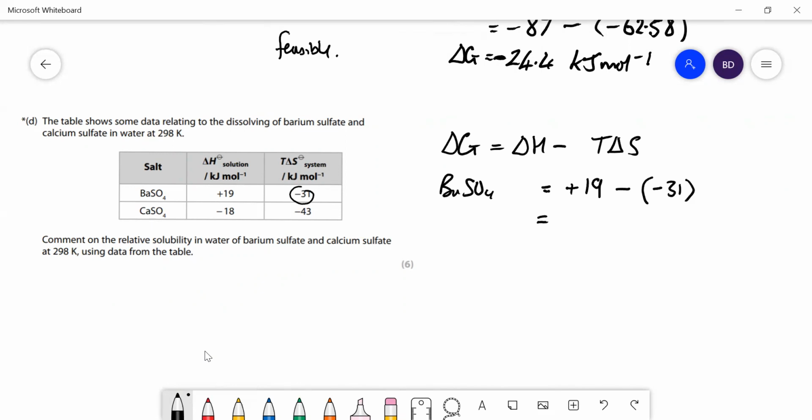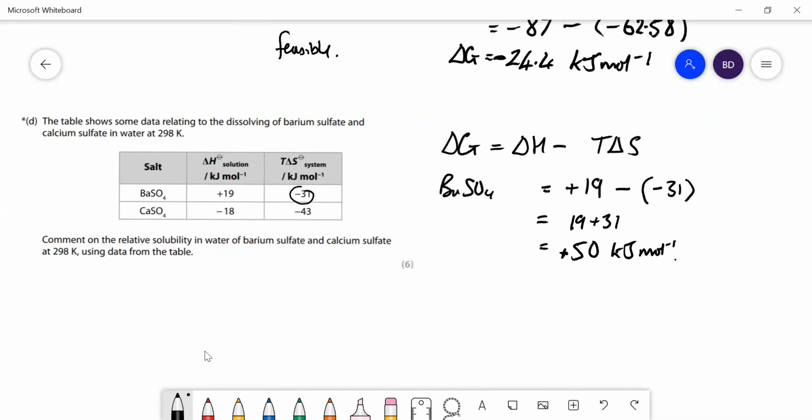So 19 plus 31 is equal to plus 50 kilojoules per mole. So barium sulfate shouldn't be soluble, because delta G is positive, and so it won't be very soluble.